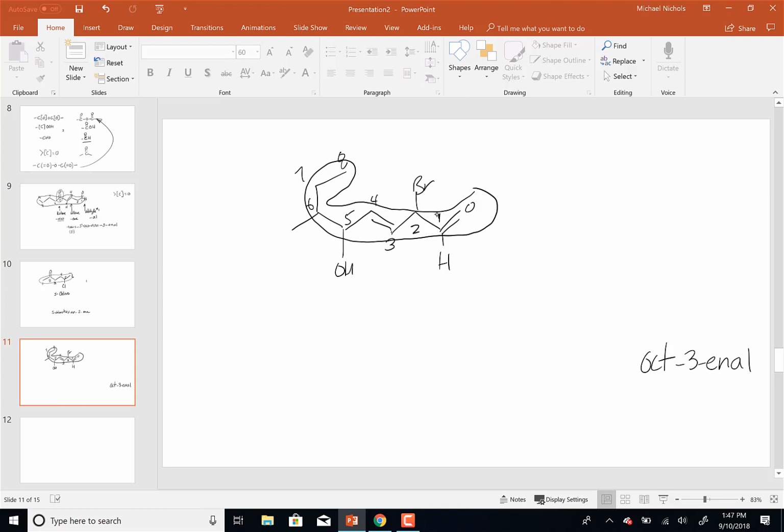So the aldehyde's on carbon 1 automatically. There's a double bond in the longest chain that goes from 3 to 4. And it's an 8-carbon longest chain. Correct? Well, we'll look at the substituents in a moment. What is the suffix? Aldehyde.